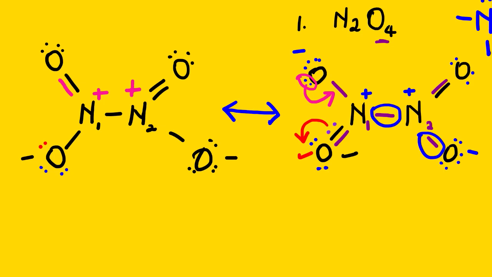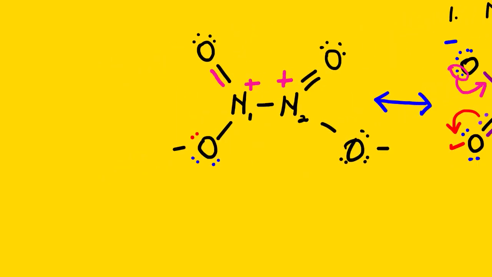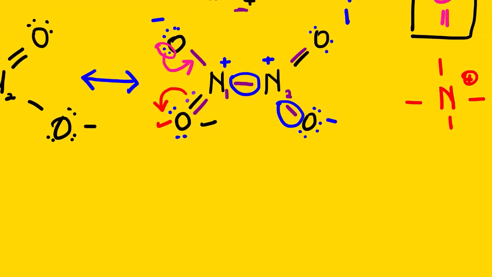Now from this one, we can form another resonance structure. Or let us take it from the original one. We can produce another resonance structure. Instead of pushing these electrons here, we can push these ones here.